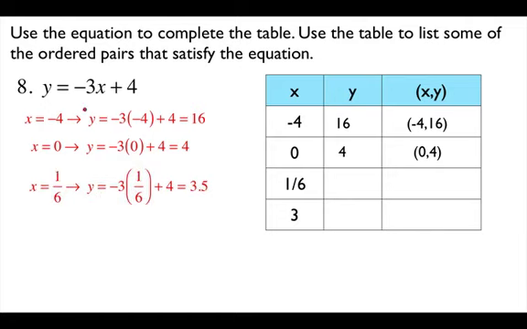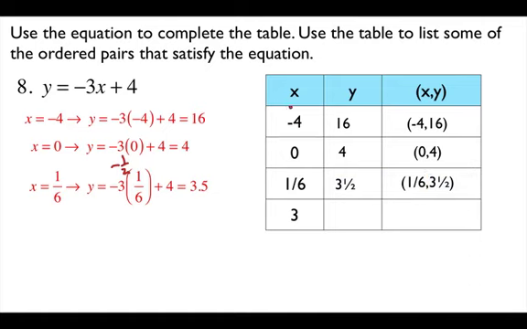I plug it in where the x is. This becomes -1/2 once I simplify. So I have -1/2 plus 4 is equal to 3.5 or 7/2. So you can use either one, 3.5 or 7/2. I'm using 3.5, so this is the ordered pair.